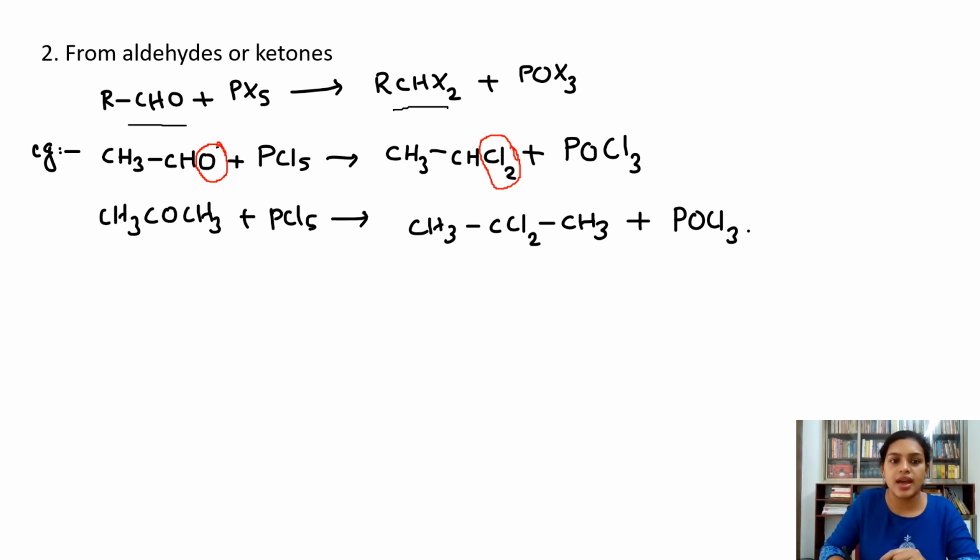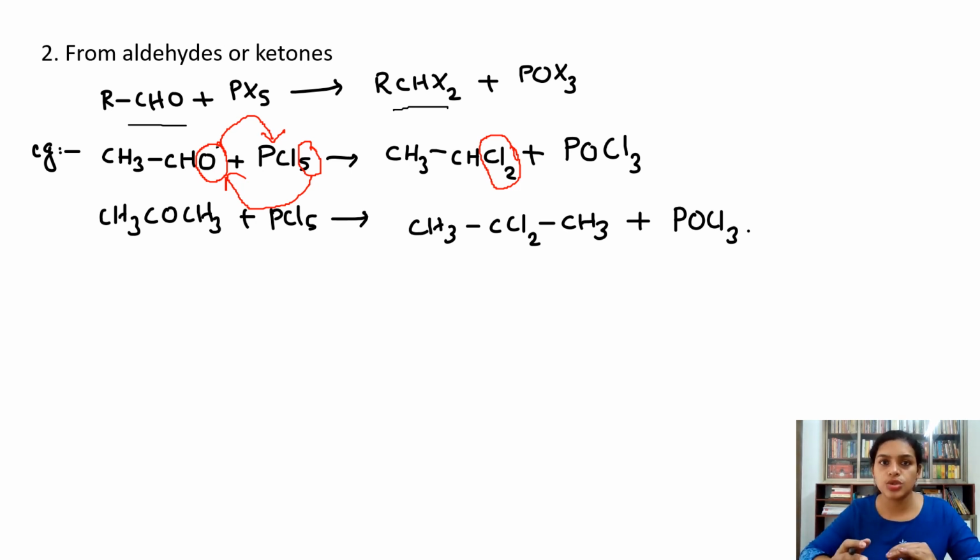They are exchanging, and this oxygen goes to the PCl5 and 2 chlorine atoms go to this aldehyde to give you this one. Just the swapping of atoms takes place.